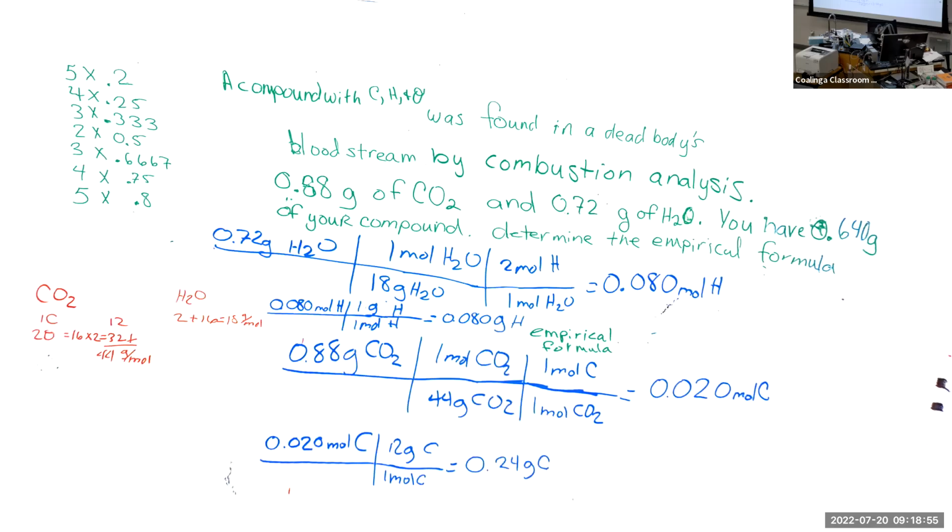Okay, so my total compound weighs 0.64 grams. This is my compound. The law of conservation says what I put in, I got to get out, right? So if I'm taking out the carbon, that's minus 0.24 grams of carbon.